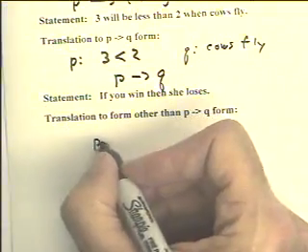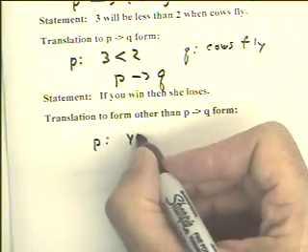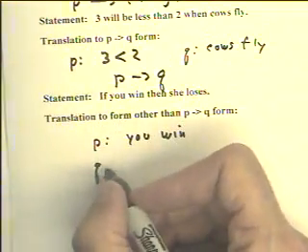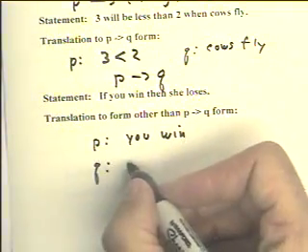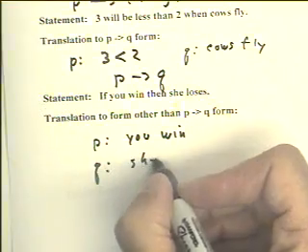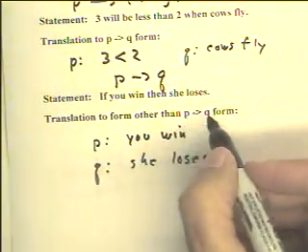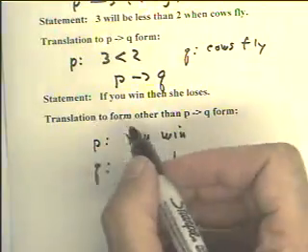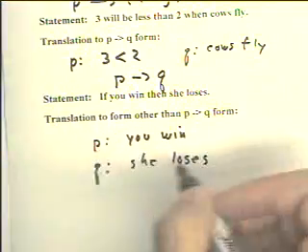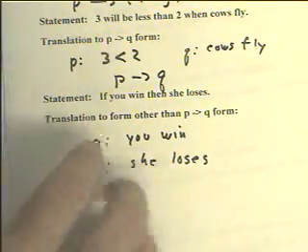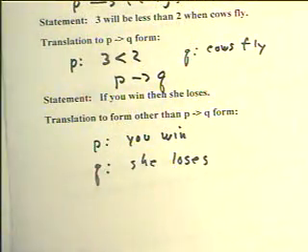So let P stand for you win. We have a couple of choices here. We could let Q stand for she loses. Then we have an if P, then Q. Or we could have if P, then not Q, where Q stands for she wins. There are various ways in a lot of cases to translate.